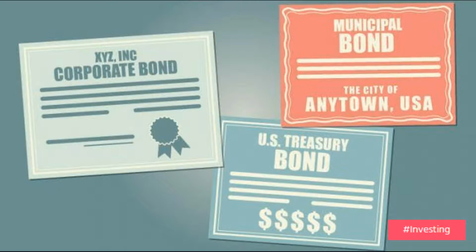That's why you hear financial advisors saying you need bonds in your investment portfolio because they go up when stocks go down. It's because they assume that interest rates will go down during a recession, and as a result, bonds will go up.